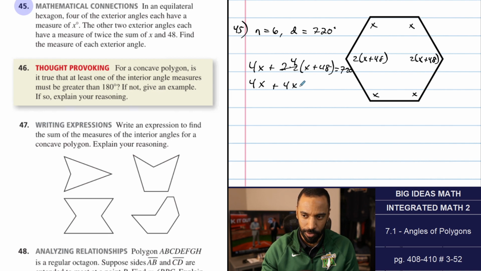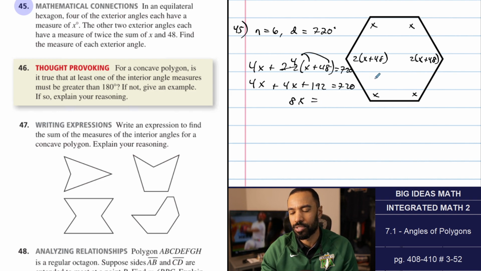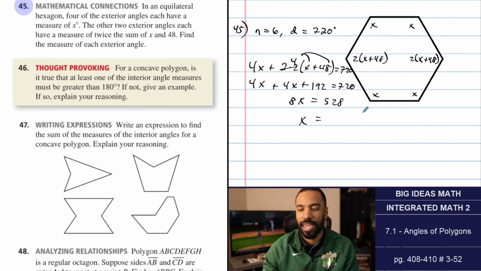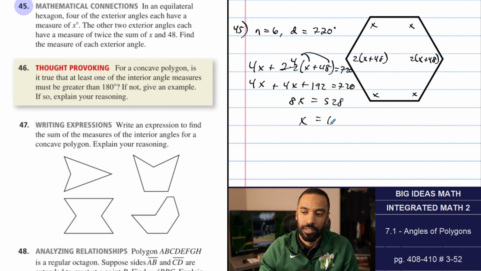I'm distributing, 8x plus 192 equals 720, or 8x equals 528. Divide by 8, that's 66. I'll still say degrees.